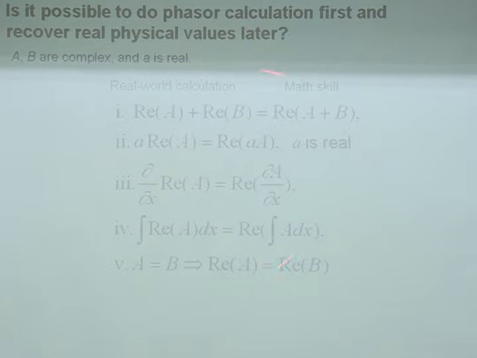Okay, so based on those rules, basically it's safe for you to do complex addition, subtraction, integration, differentiation first, and then come back to take the real part of it to give you the real world value.